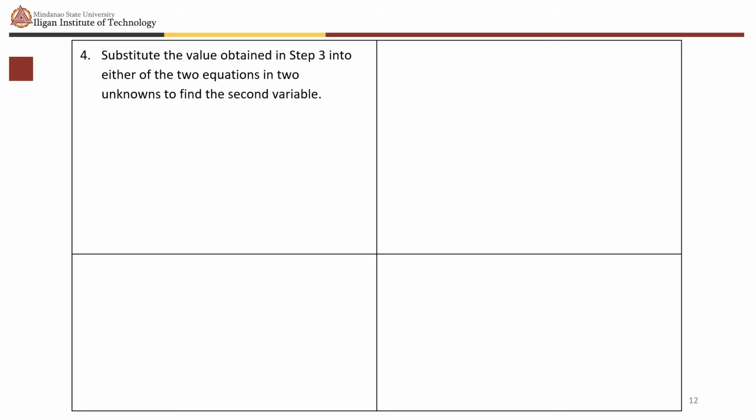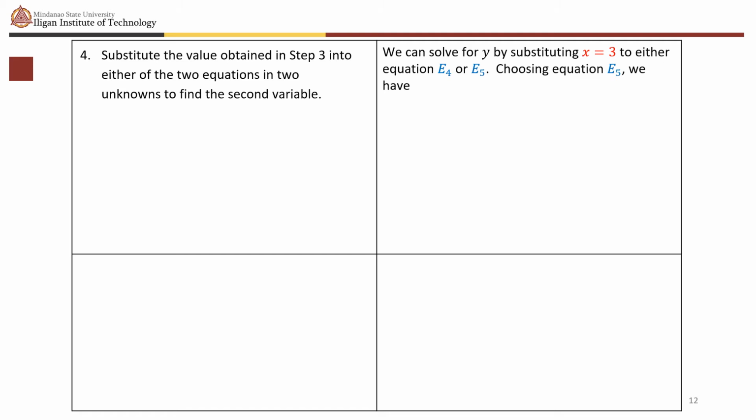Step 4: substitute the value obtained in step 3 into either of the two equations in two unknowns to find the second variable. So we can solve for y by substituting x equals 3 into either equation E sub 4 or E sub 5. Choosing equation E sub 5, we have 2x plus 5y equals 11.